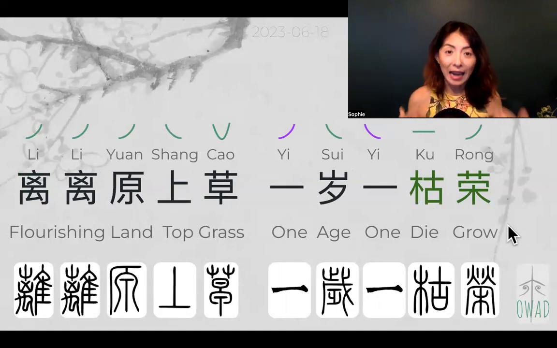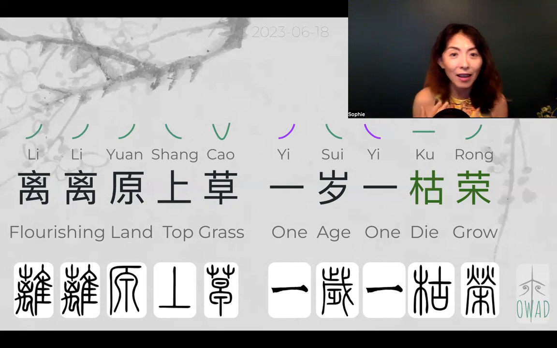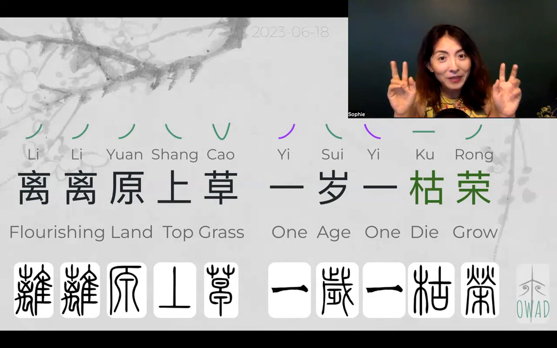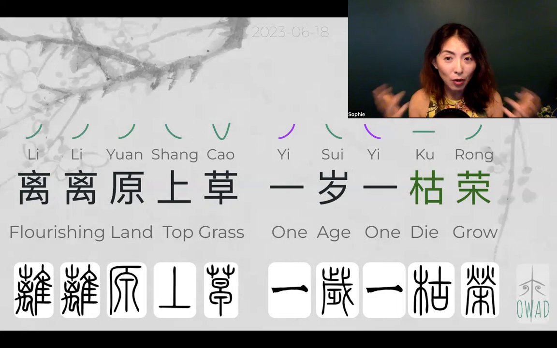Now, this is an ancient poem every Chinese elementary school kid has to recite. And to my taste, this is a lot better than other poems that we recite, because at least it gives us a little bit of a quote unquote death education, because we're talking about the grass life cycle.